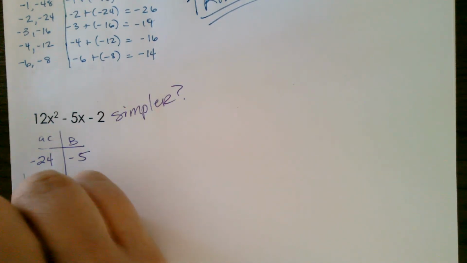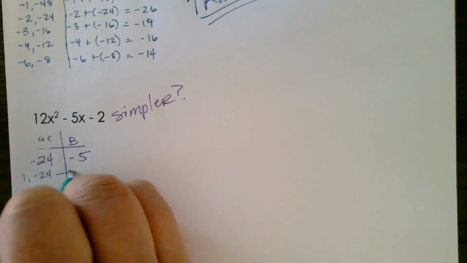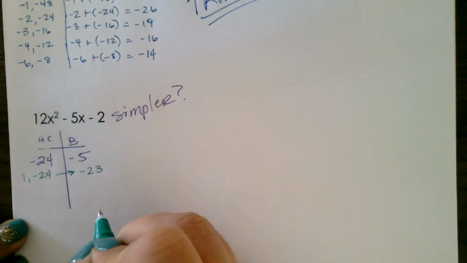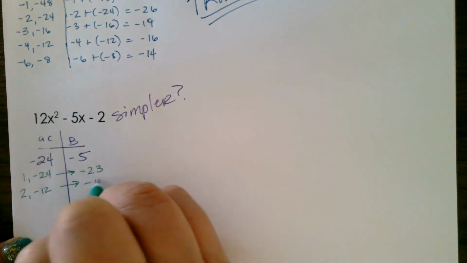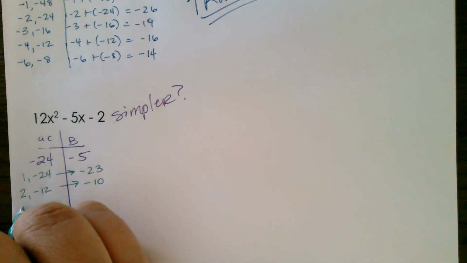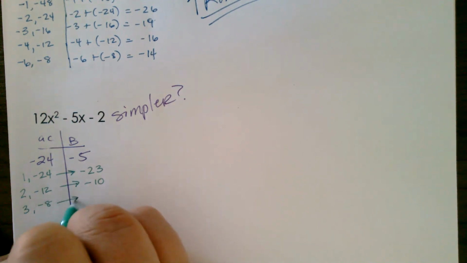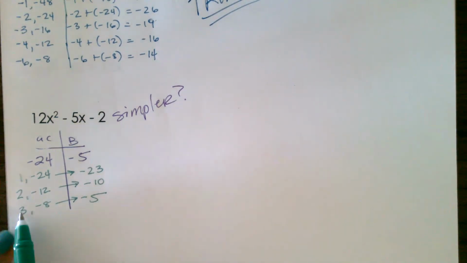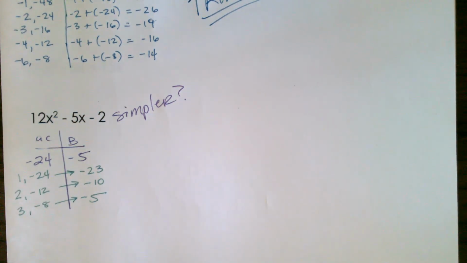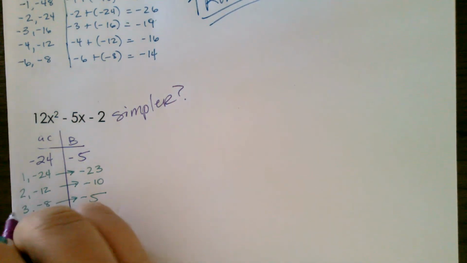So I would have 1 and -24 for a sum of -23. 2 and negative 12 for a sum of negative 10. 3 and negative 8. Oh, I tricked you. 3 and negative 8 do get me to negative 5. Just when you thought I was going to keep it simple.